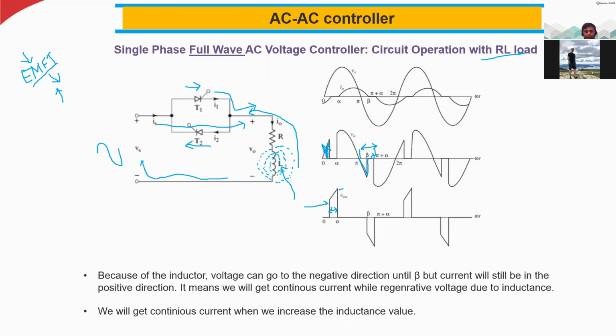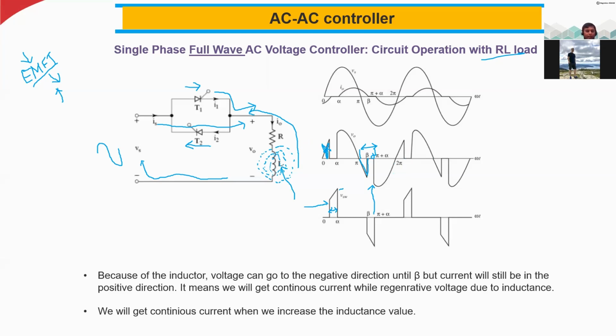Here I apply the trigger signal only at this point in the negative half cycle, but still I have some output voltage. This is because of the inductor; it is the general property of the inductor. This will repeat in all the half cycles. It will happen in the positive half cycle, and it will also happen in the negative half cycle. The inductor will discharge until the electromagnetic field has collapsed completely.